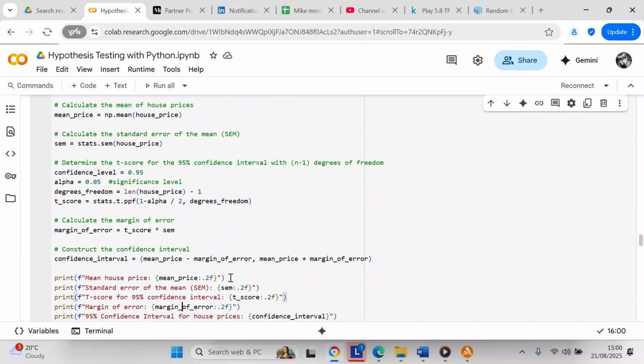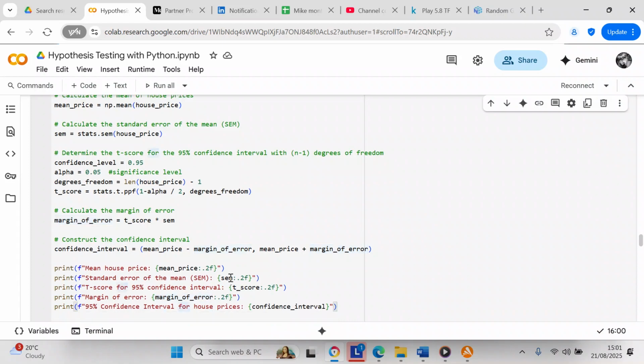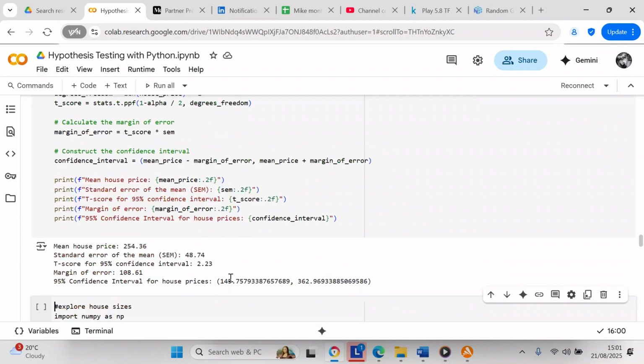So we're going to print the mean house price, the standard error of the mean, the t-score for a 95% confidence interval, the margin of error, and the 95% confidence interval for houses.